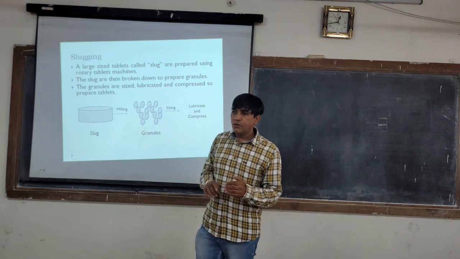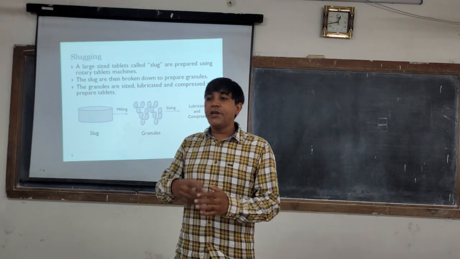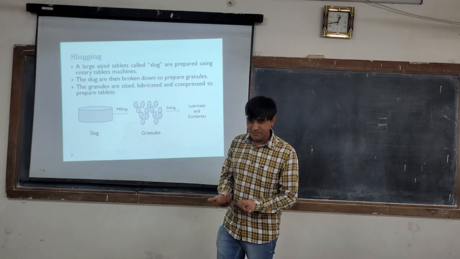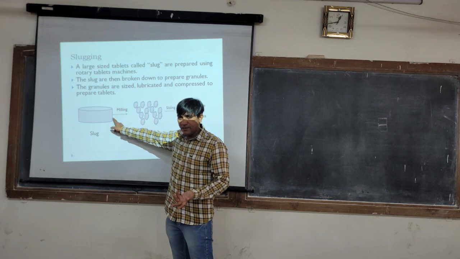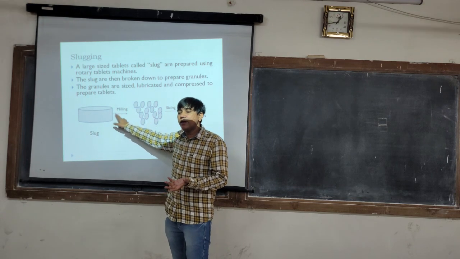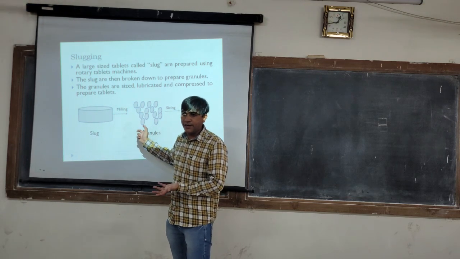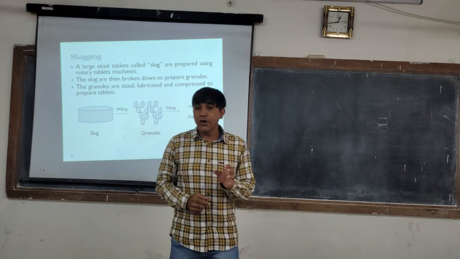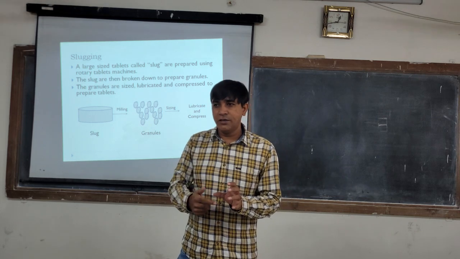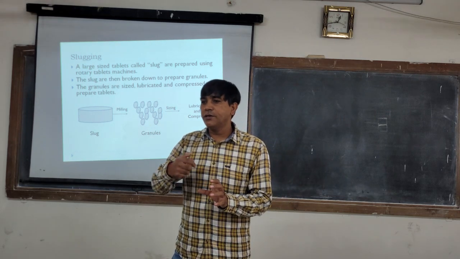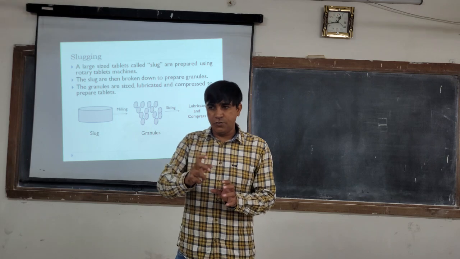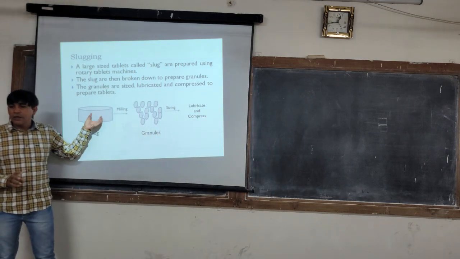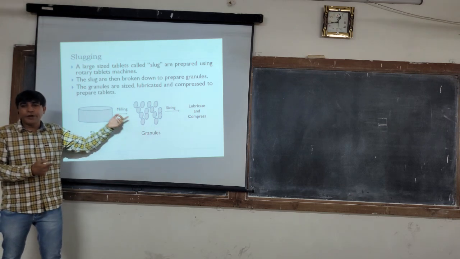Now, sometimes the question may arise: if we can produce larger tablets, why can't we prepare the tablets directly? If we can prepare this tablet directly by compressing, why can't we prepare the original tablet directly? The answer is, when we prepare slugs, we are not much interested in the weight variation or in the content of the active ingredient, since they are subsequently broken into granules.